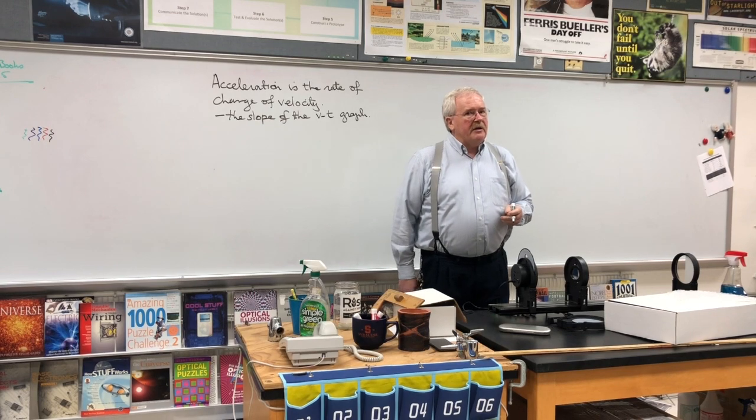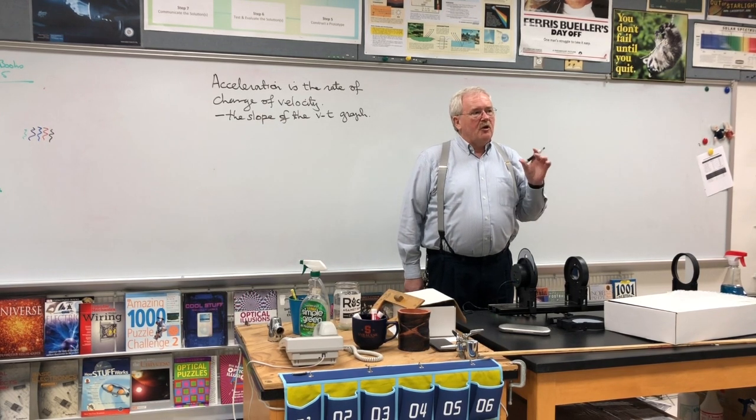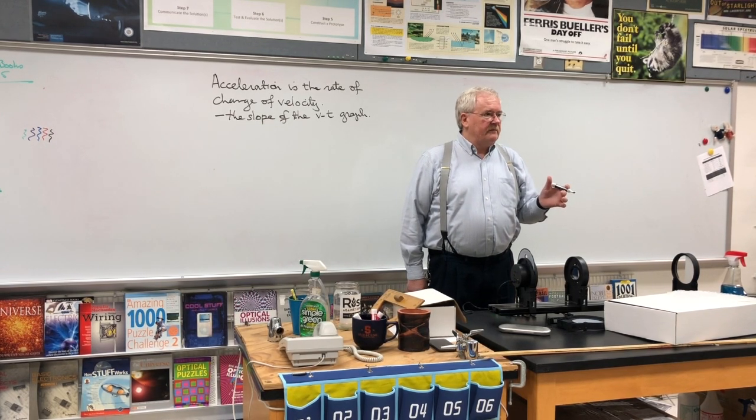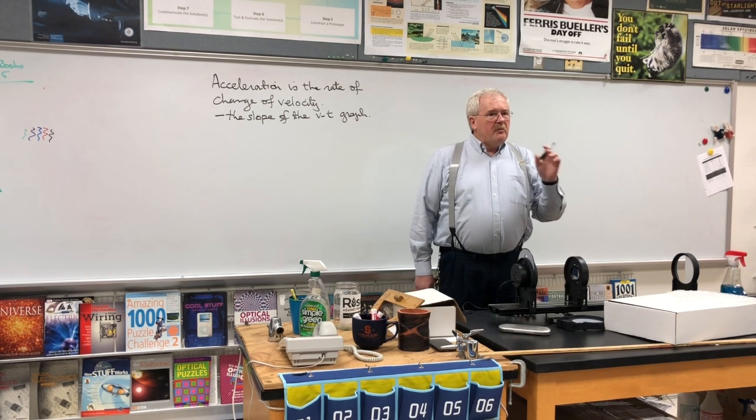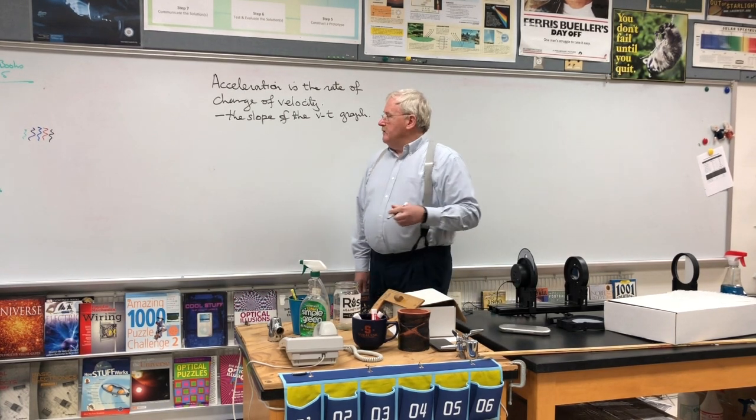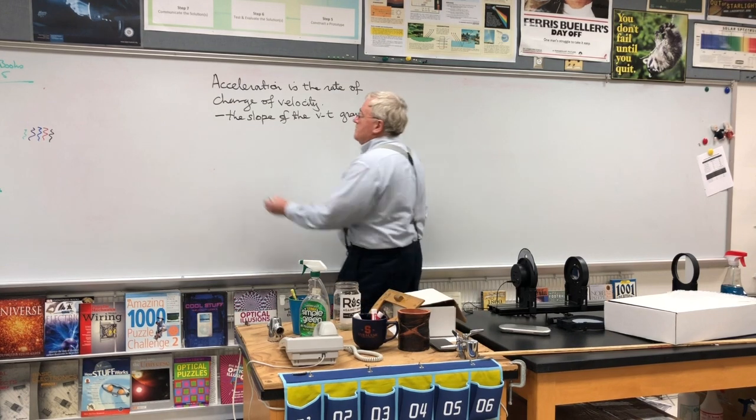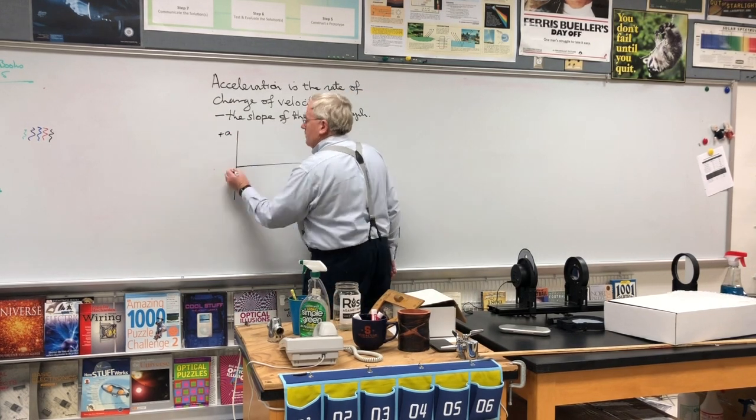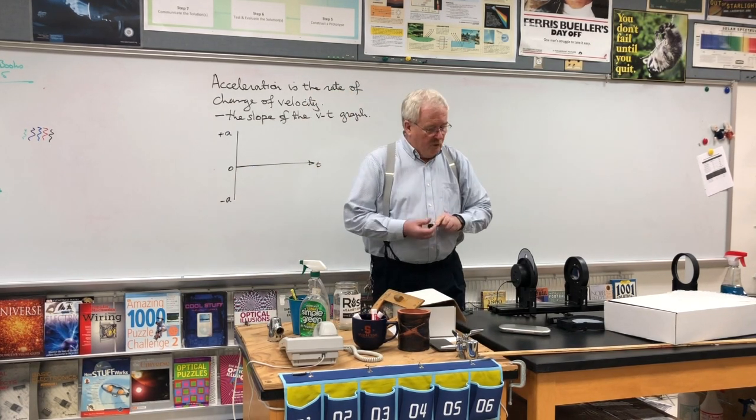Now in this class we only deal with constant acceleration. So when we look at a graph of acceleration versus time, in this particular class, we're only going to see one of three things.